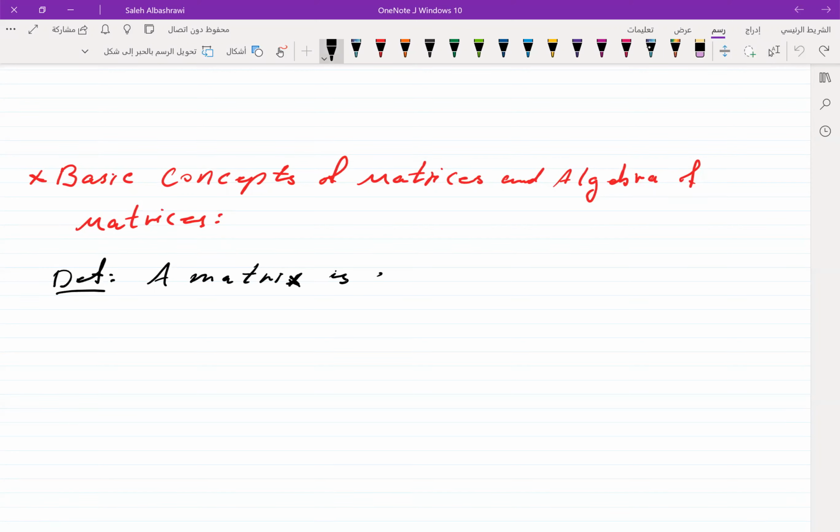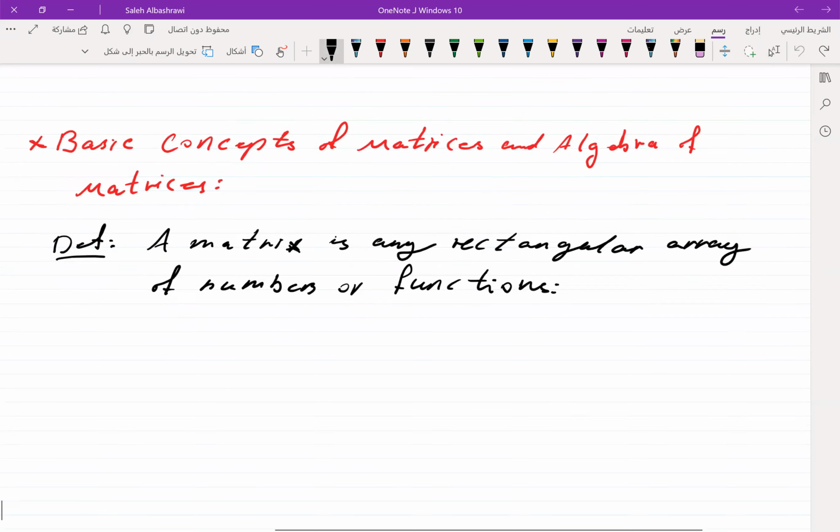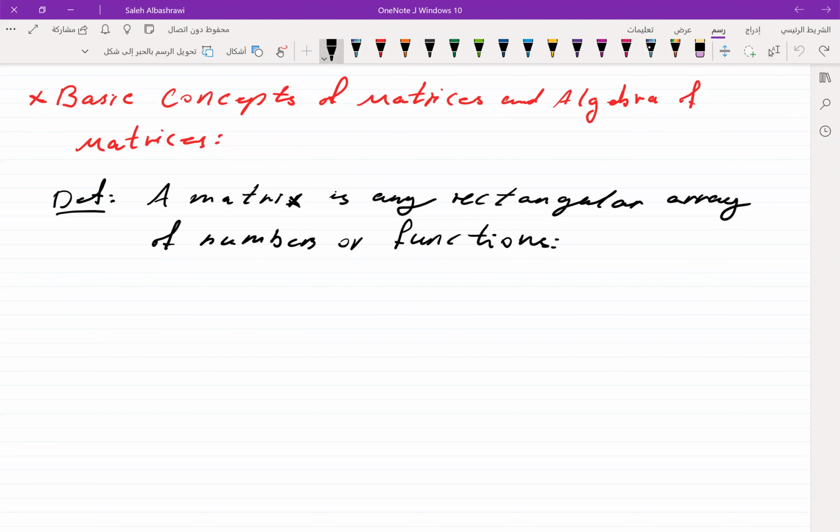Just a rectangular array. I would say this is A11, A12, up to A1n. Each one of these numbers is called an element of the matrix.